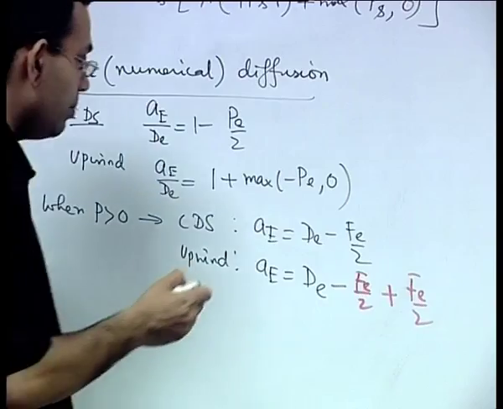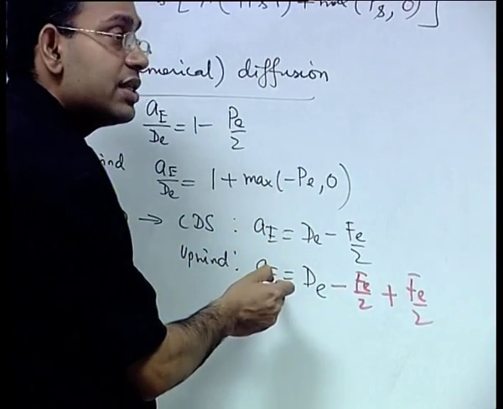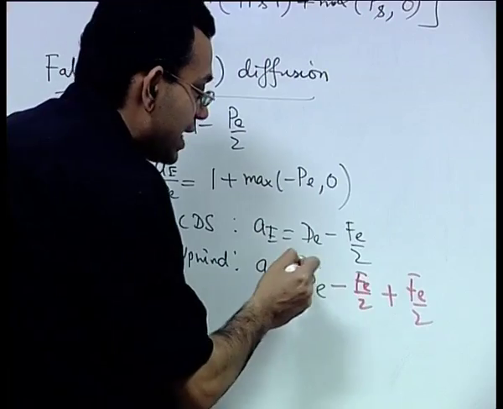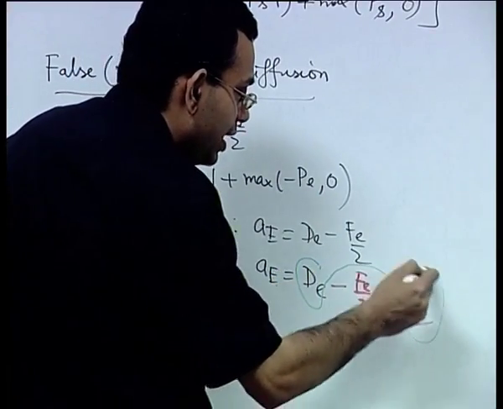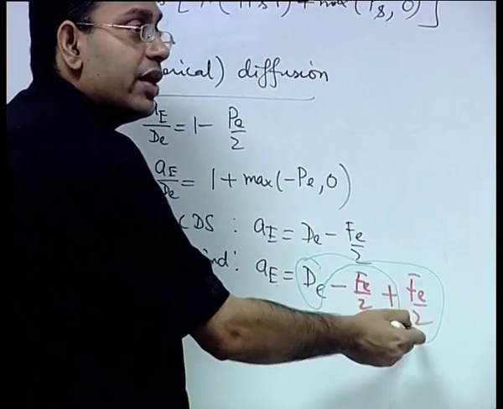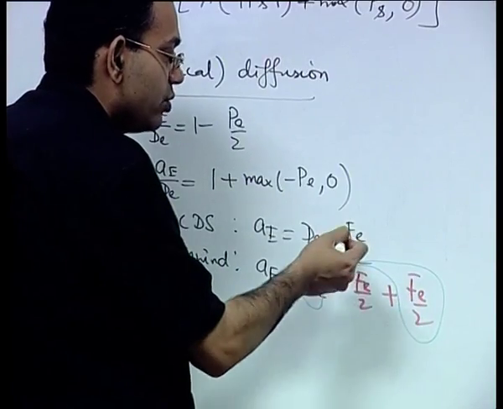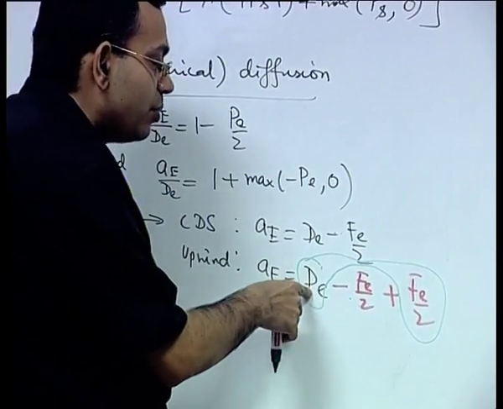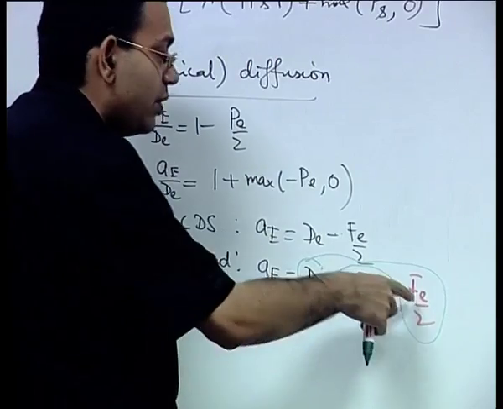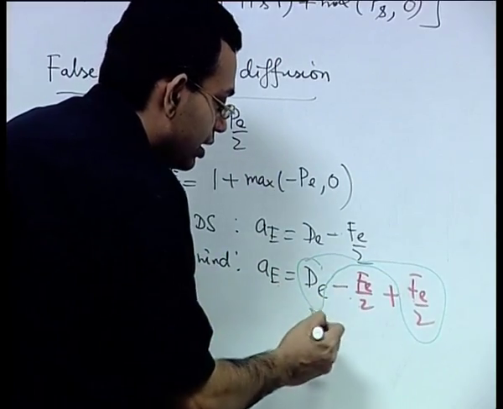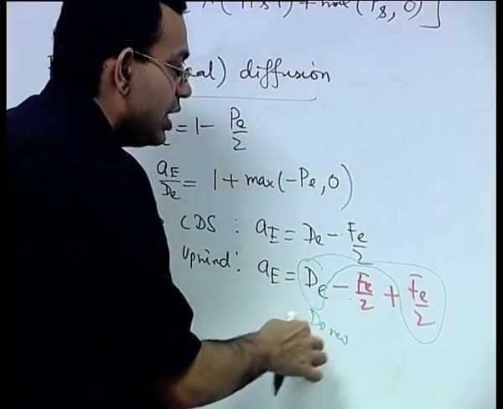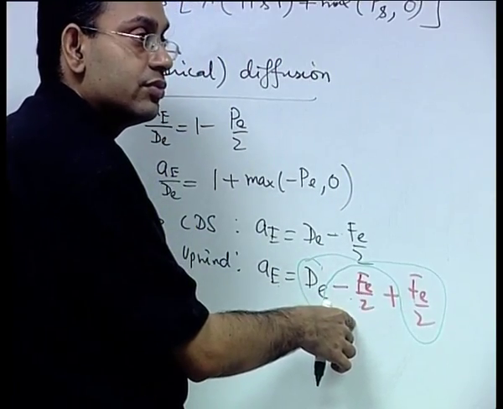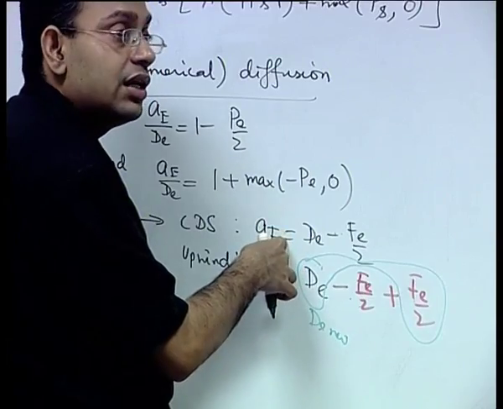If you compare the central difference scheme with the upwind scheme, it might appear as if this DE is augmented by FE by 2 to have the same formula as that of the central difference. So augment DE with DE plus FE by 2, so that it becomes DE new minus FE by 2, which is the same as the formula of the central difference scheme.